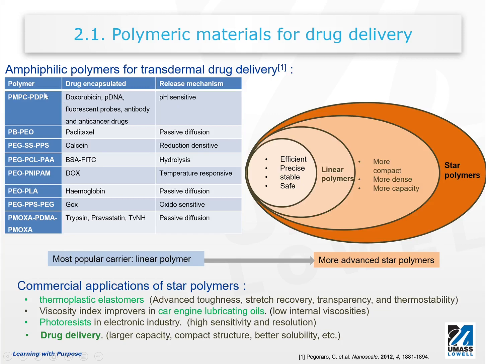However, if you take a look at all these polymers, most of them are just linear polymers. So we think if we can use a more advanced polymer, a star polymer, as a drug carrier, that might enhance the delivery ability. If linear polymers are efficient, precise, stable and safe, then the star polymer will have a more compact structure, a denser structure, and more capacity compared with linear polymers.